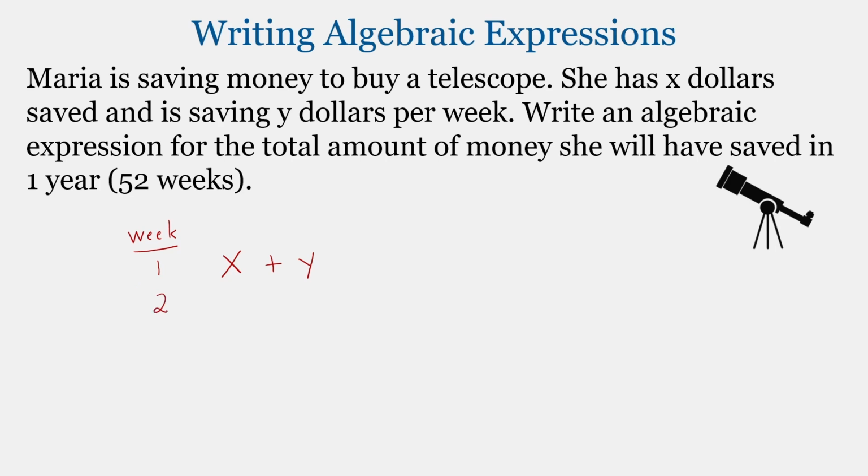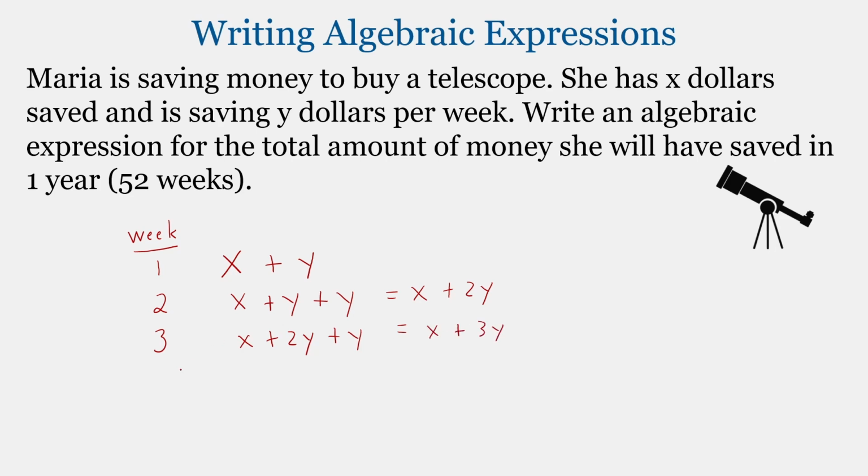At the second week, she has X plus Y, because that's what she had at week 1, and then she added another Y to it. So this is X plus 2Y. That's an expression after 2 weeks. After 3 weeks, we have X plus 2Y, that's what she had after 2 weeks, plus another Y. And this is X plus 3Y.